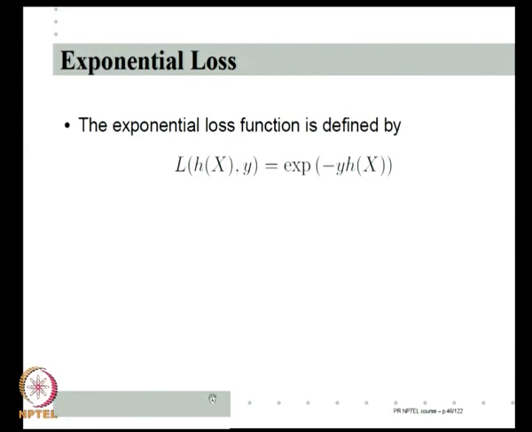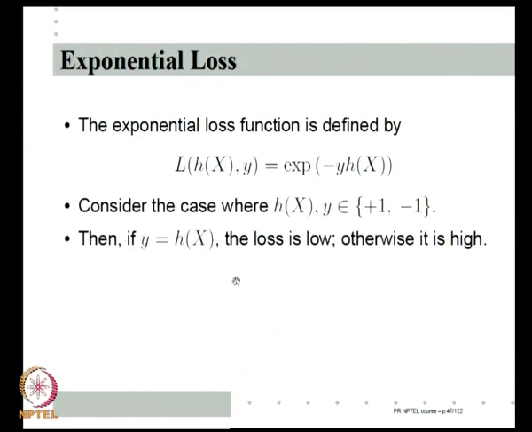Similarly, the exponential is also an approximation in the following sense. If h(x) and y are both plus 1 or minus 1, it is easy to see that whenever they have the same sign, the loss will be exp(-1), and whenever they have opposite signs, the loss is exp(+1). So there is a lot of difference. Essentially the loss is low if y and h(x) have the same sign, and high otherwise.